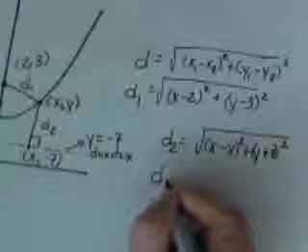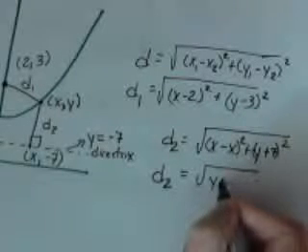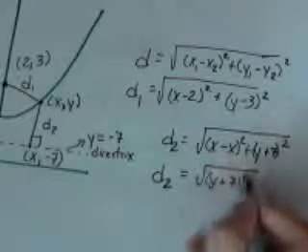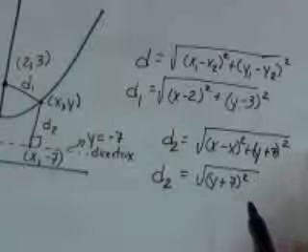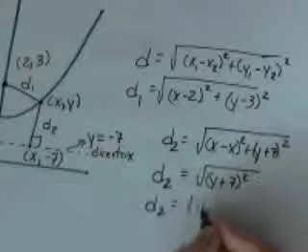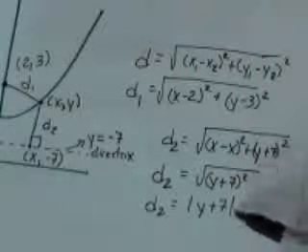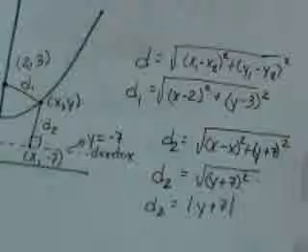So that's going to simplify to the square root of y plus 7 squared. And that simplifies even more because we're going to have D2 equal to the absolute value of y plus 7. Remember, when we're doing square roots, we only really want to take the positive value.